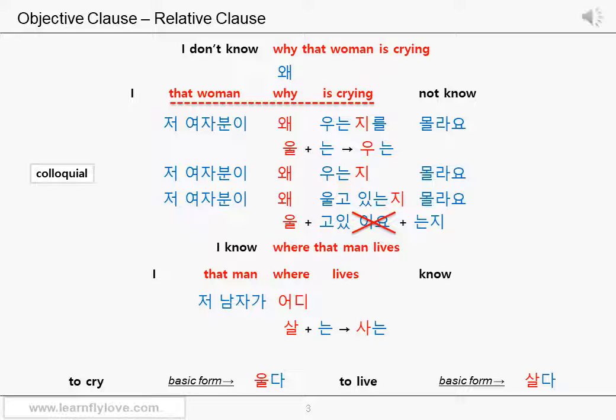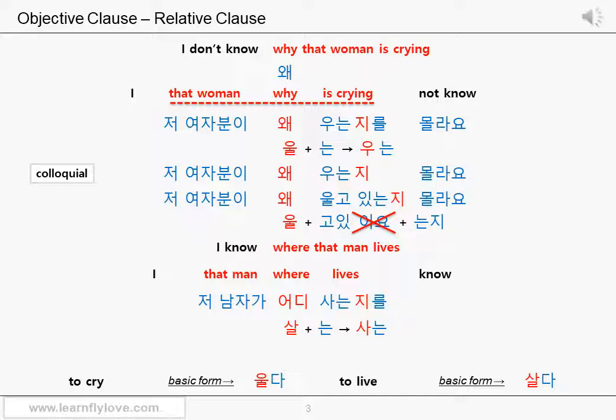So it becomes 사는 instead of 살는, 사는지. That man where lives. 저 남자가 어디 사는지. The entire that man where lives part is an object of the verb know.